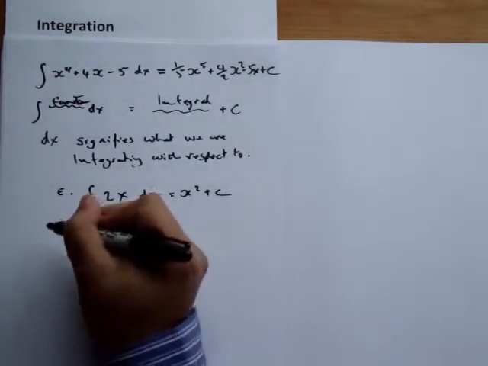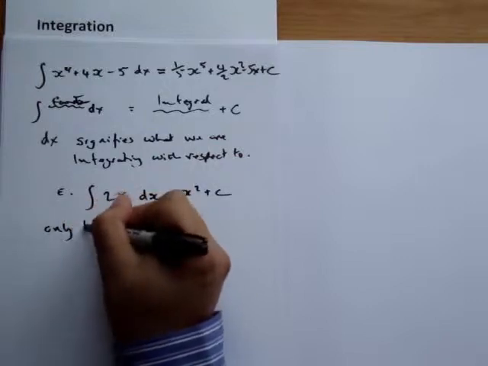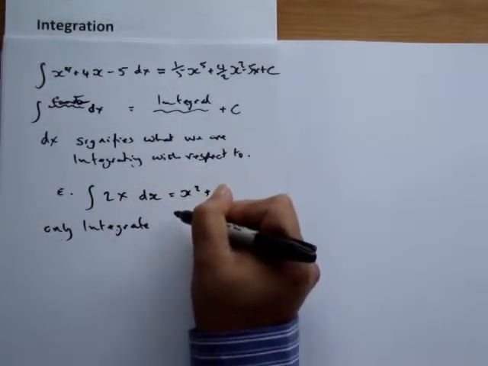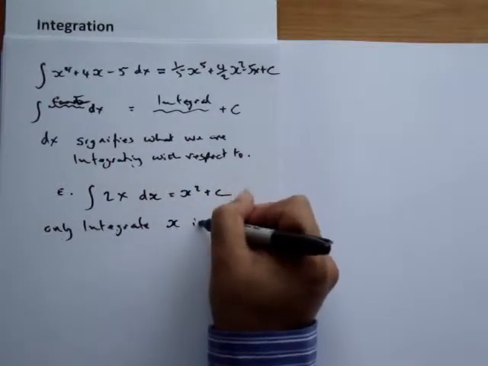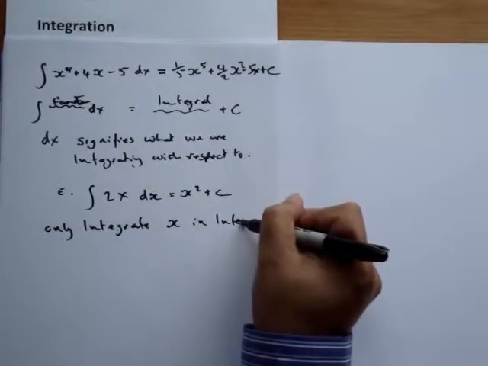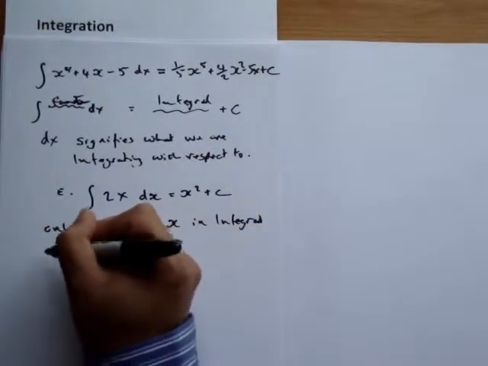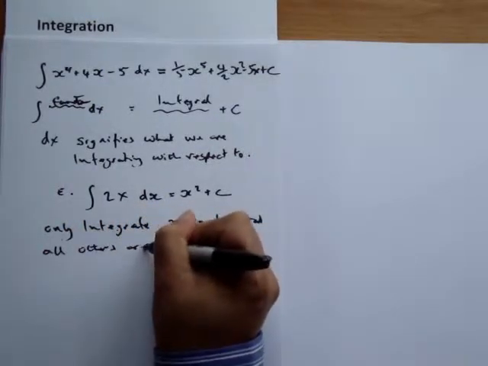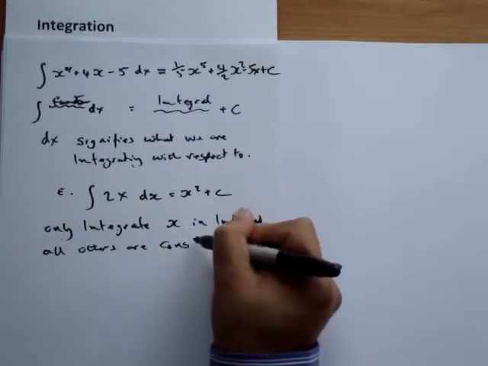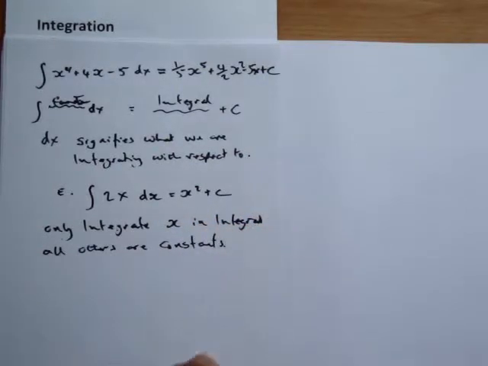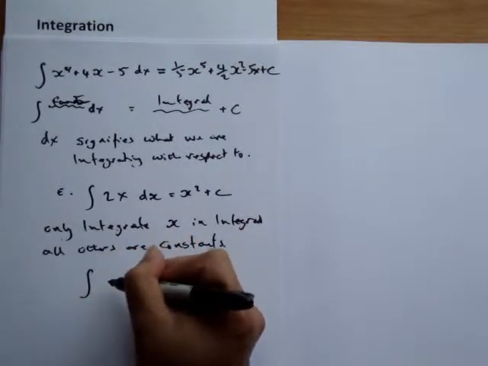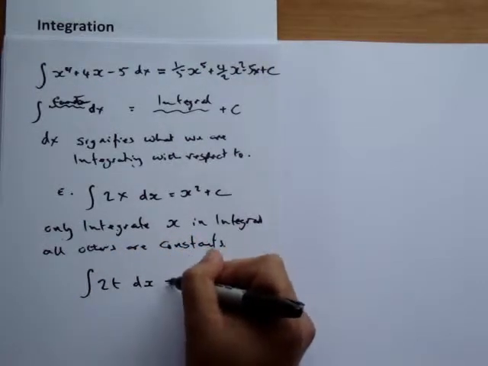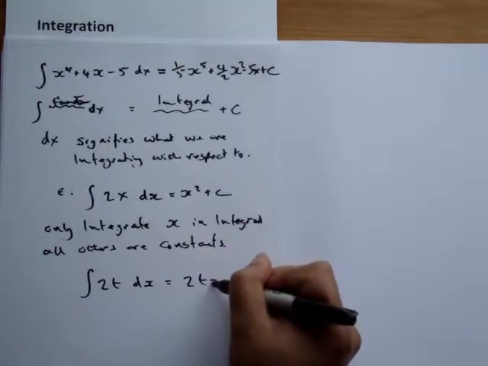So this means only integrate x in the integral and all others are constants. So if we integrate 2t dx, we get 2tx plus c.